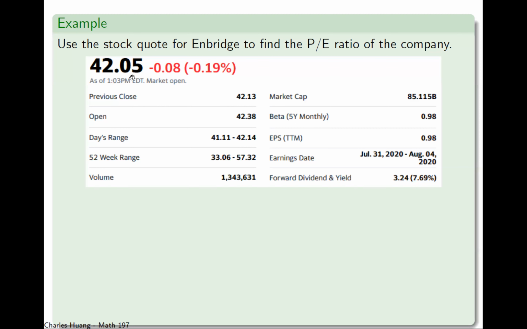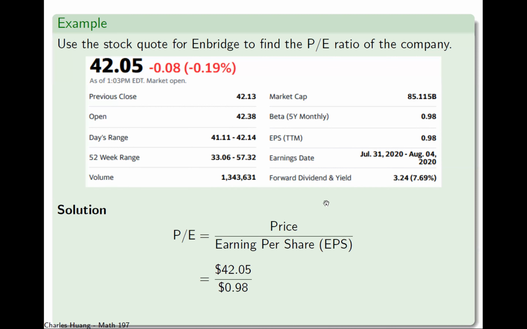If you want to buy one small piece of Enbridge, it will cost you $42.05. The earning for the past 12 months was 98 cents. So what's the price to earning ratio? The price is 42.05. The earning is 0.98. So the price to earning ratio is almost 43.